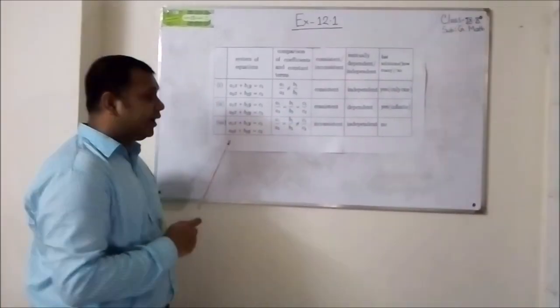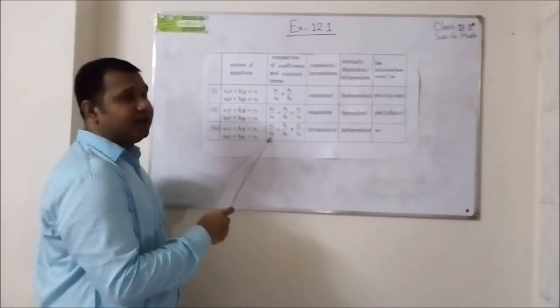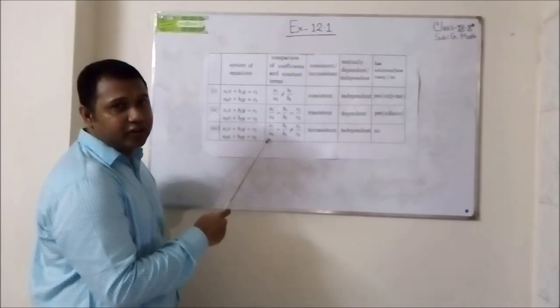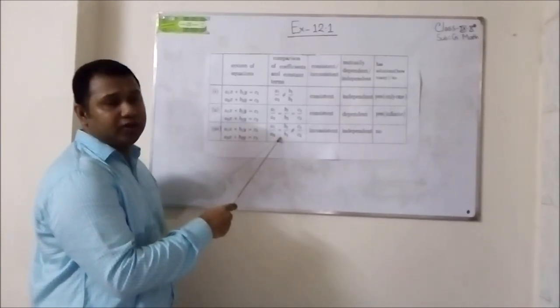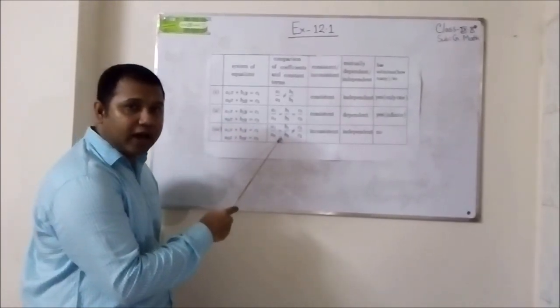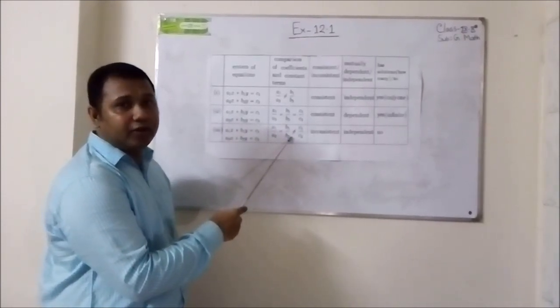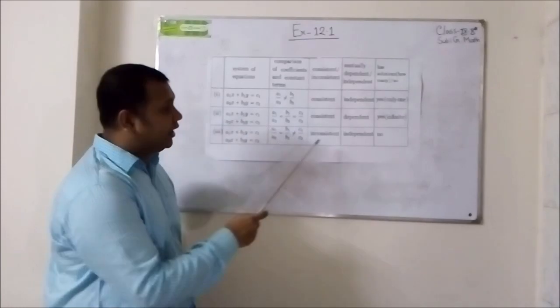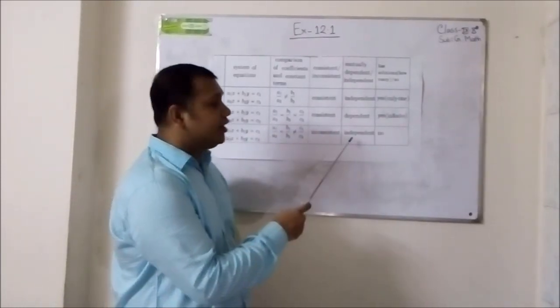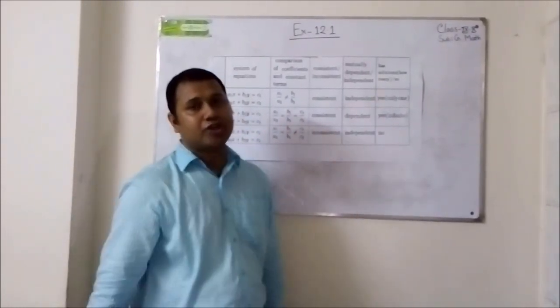And the third way: if the ratio of the coefficient of x is equal to the ratio of the coefficient of y, but not equal to the ratio of the constant term, then we call it inconsistent, independent, and it has no solution.